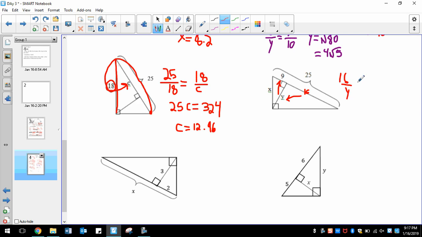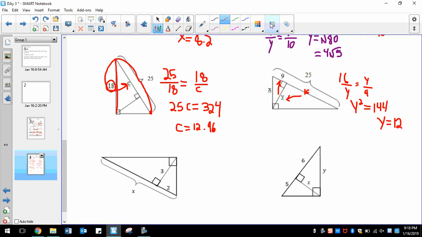Then you're going to cross multiply. You would get y squared equals 144. So when you do that, it'll actually work out to be a nice whole number for you. When you do y squared equals 144, hopefully you guys remember that 144 is a perfect square. So when you take the square root of both sides to solve for y, you get that y is equal to 12.